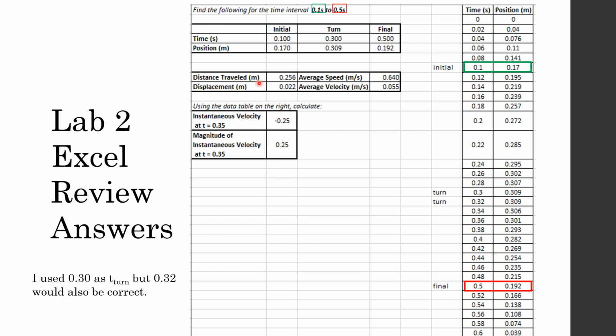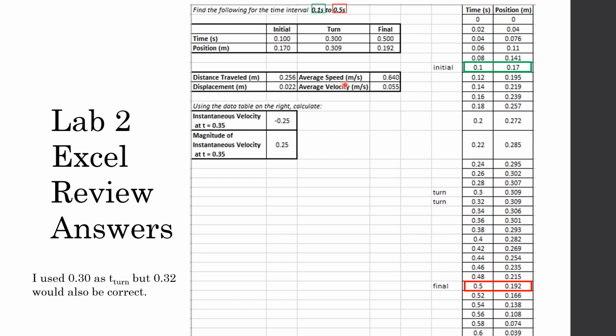So essentially you're going to have this cell minus this cell, take the absolute value, then this cell minus this cell, take the absolute value, and you should get 0.256. For displacement, you're just going to do your final position minus your initial position, so just 0.192 minus 0.17, and you should end up with 0.022.